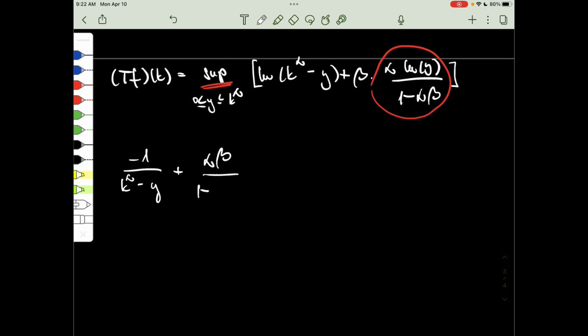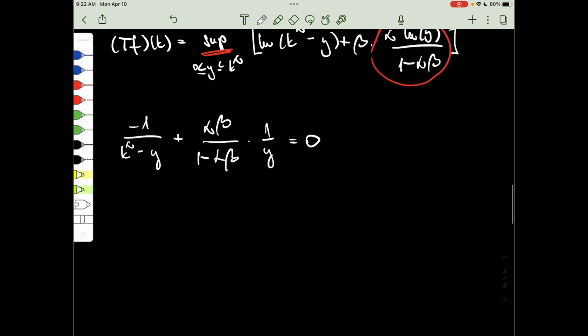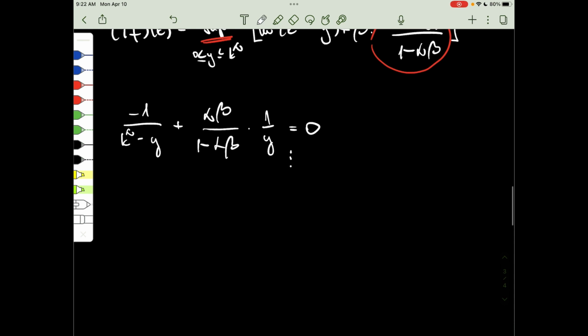We are differentiating the functional equation with respect to y. I won't do the whole process because it would be terribly boring. So this is an intermediate step.